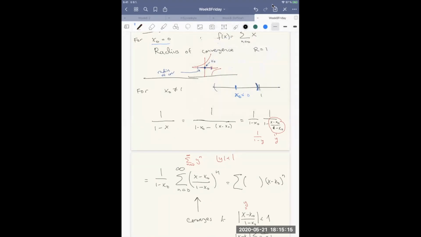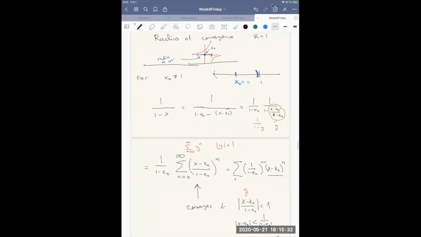If we reorganize the factors, pulling out the x minus x0 to the n, and the other factors, 1 over 1 minus x0 to the n plus 1, then we get the power series representation that we would like, namely here we have our coefficient an, which is equal to 1 over 1 minus x0 to the n plus 1.